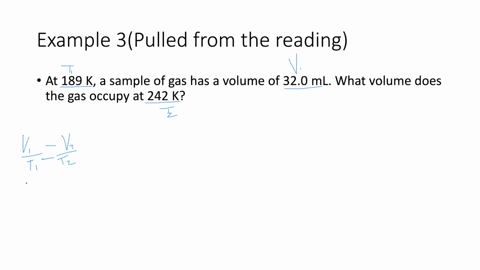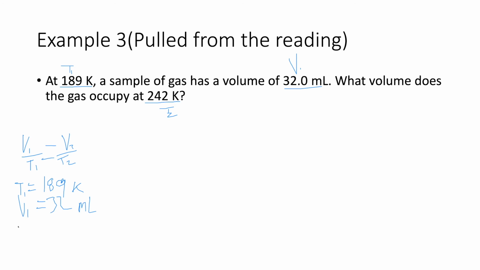So real quick, before we move on, I want to make sure we have these down. Our initial temperature is going to be 189 Kelvin. And then our V1 is going to be 32 milliliters.